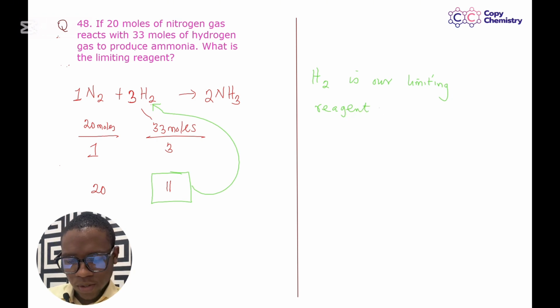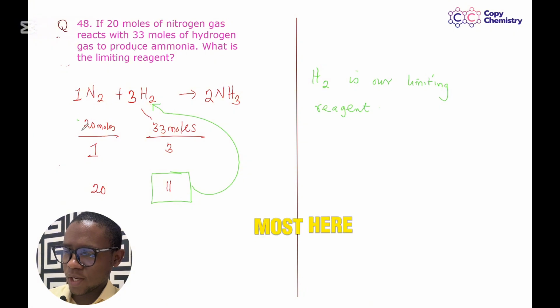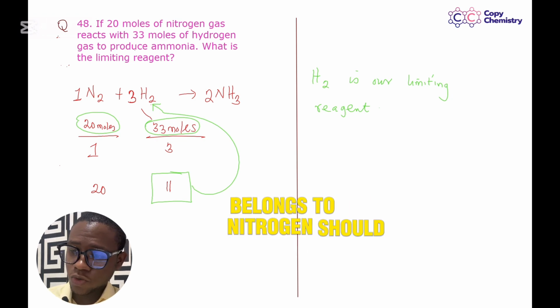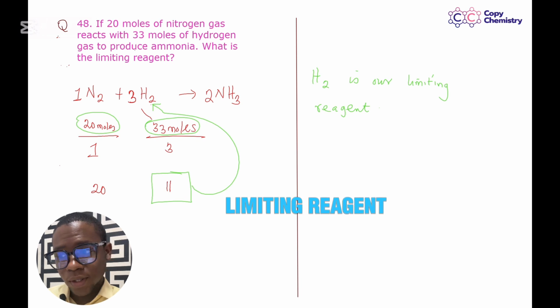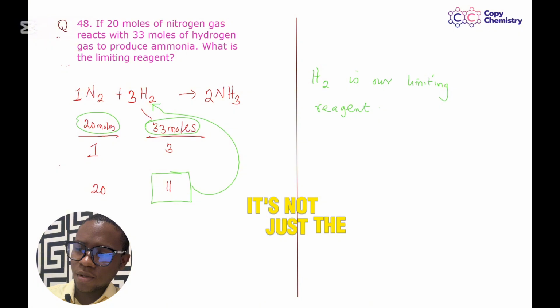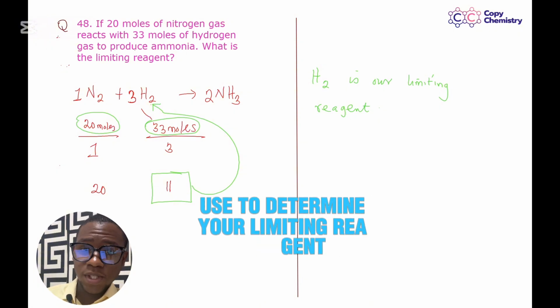So now you see the problem is that some people may use this 20 moles here and this 33 moles here, and then they'll be like 20 moles is smaller than 33 moles, so 20, which belongs to nitrogen, should be our limiting reagent, and that will be wrong. So it's not just the moles you use to determine your limiting reagent.